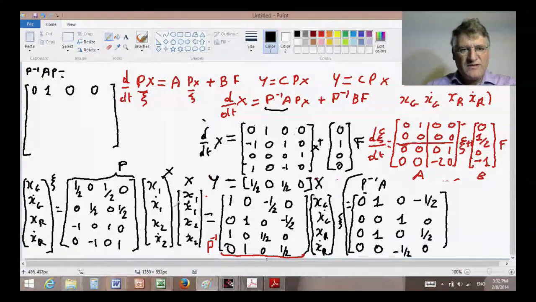Second row, 0 times 1/2 plus 0 times 0 plus 1 times minus 1 plus 0 times 0 is equal to minus 1. The second entry will be 0 times 0 plus 0 times 1/2 plus 1 times 0 plus 0 times 0.